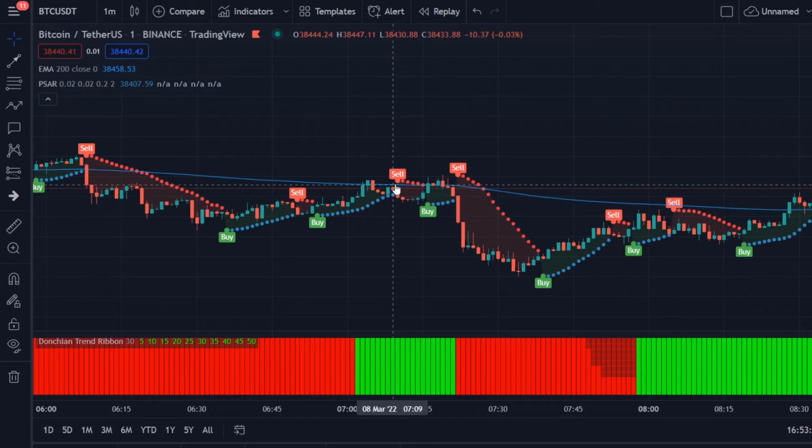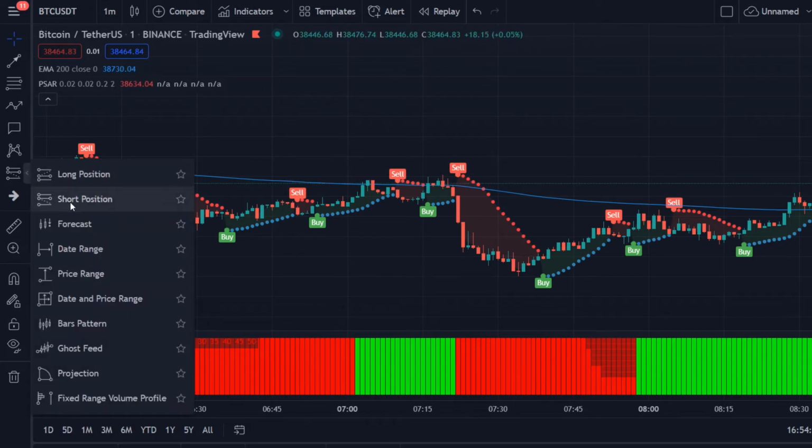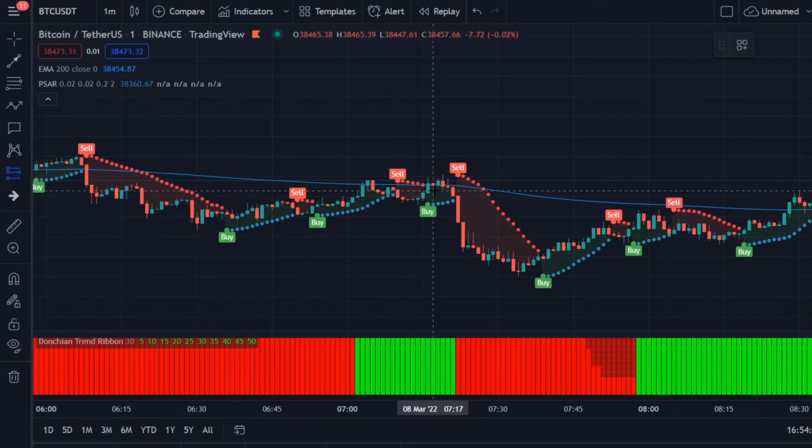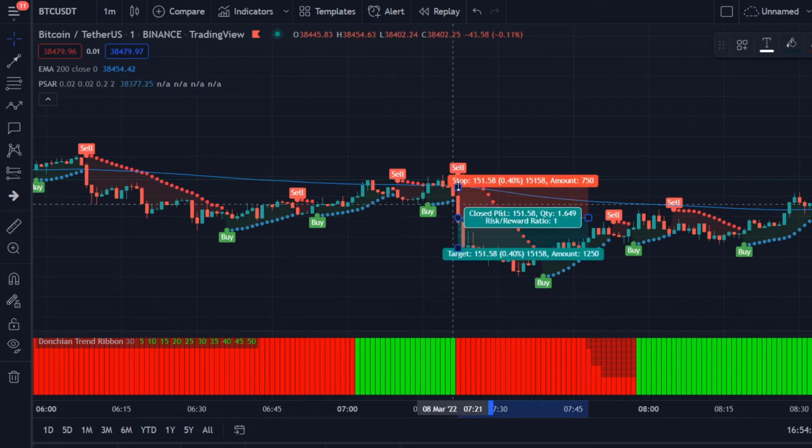And then we're looking for a parabolic SAR sell indicator, and we do not take the entry when we see our first sell entry indication, but we wait for the second one. So that's really important. So in this case we do not take the trade over here, but we take it about here.